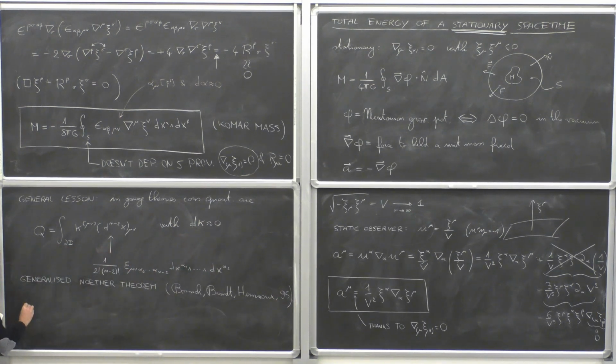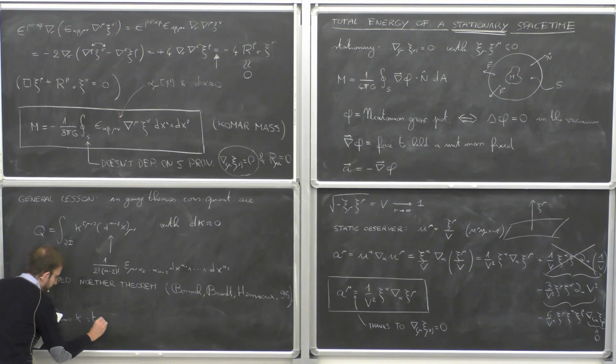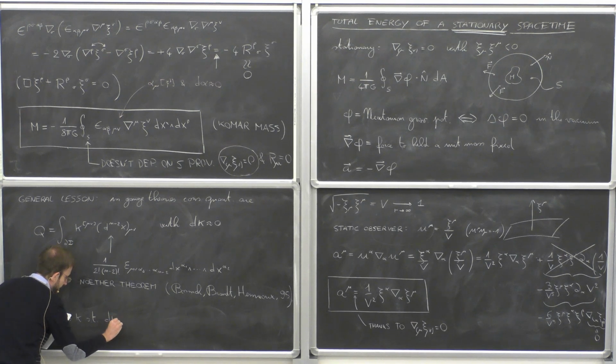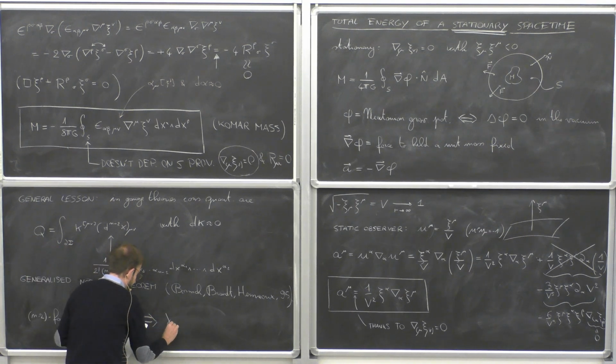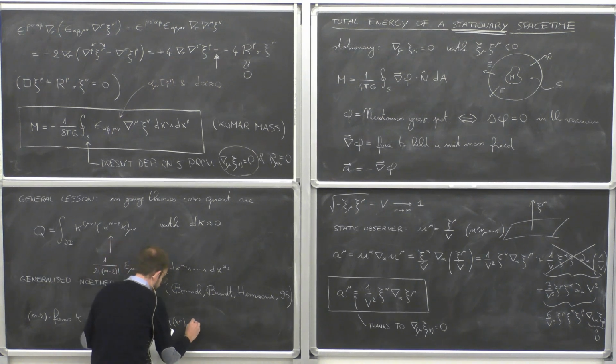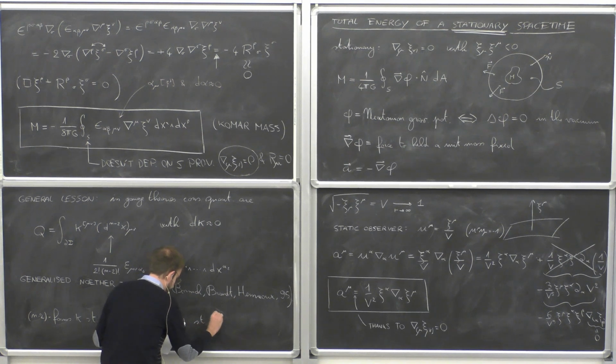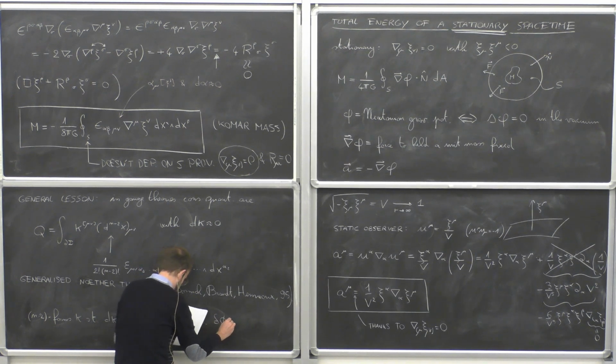And it is telling you that this kind of n minus 2 forms such that dk is on shell trivial are in one-to-one correspondence with the parameters of symmetries that leave the fields invariant on shell.